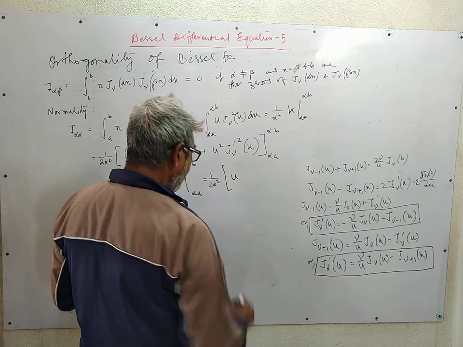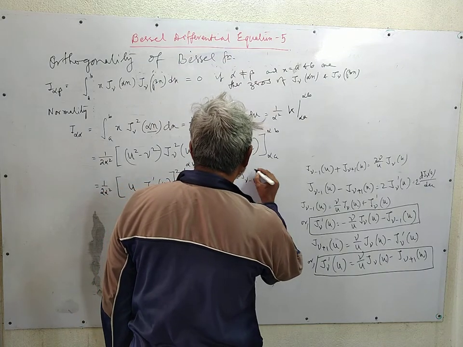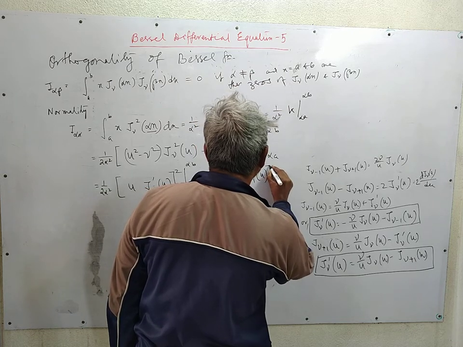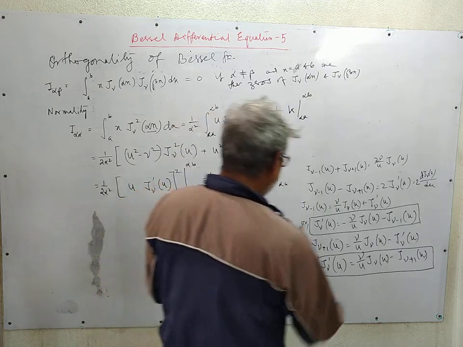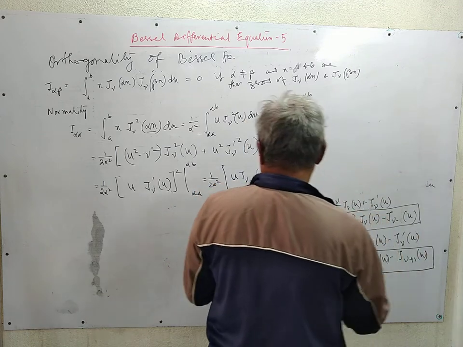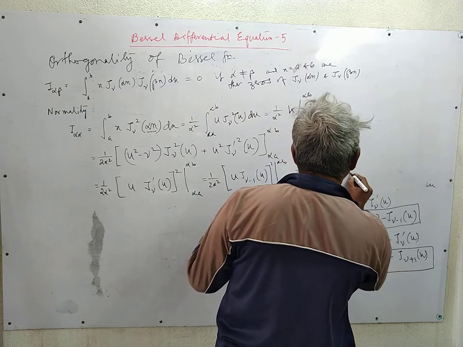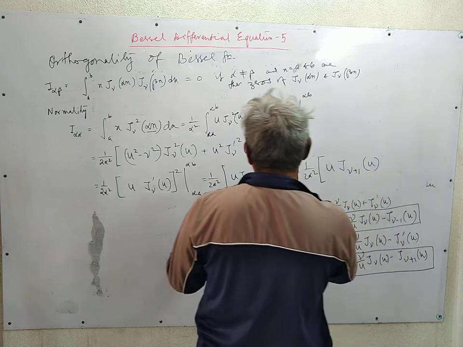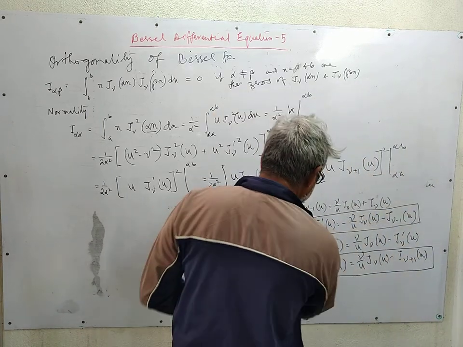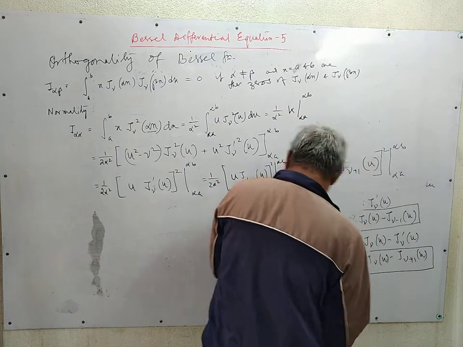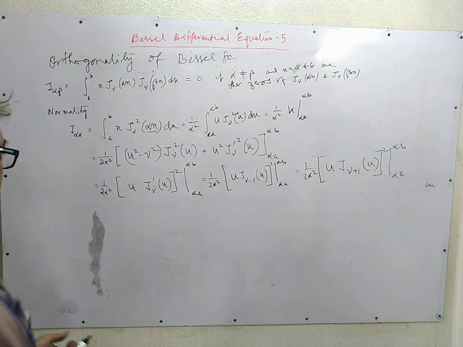One is u, and the minus sign on squaring goes, alpha a to alpha b, and the second alternative is 1 by 2 alpha square u j nu plus 1 of u, the square is on our entire quantity. This is alpha a to alpha b. These are the three alternative forms for the normality of Bessel function of order nu with argument alpha.